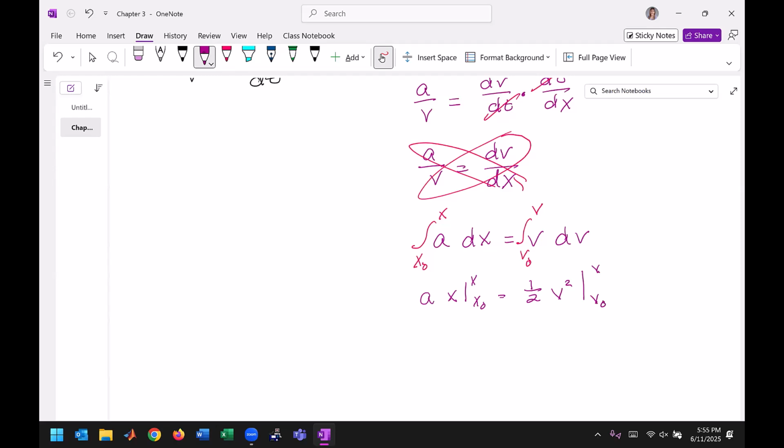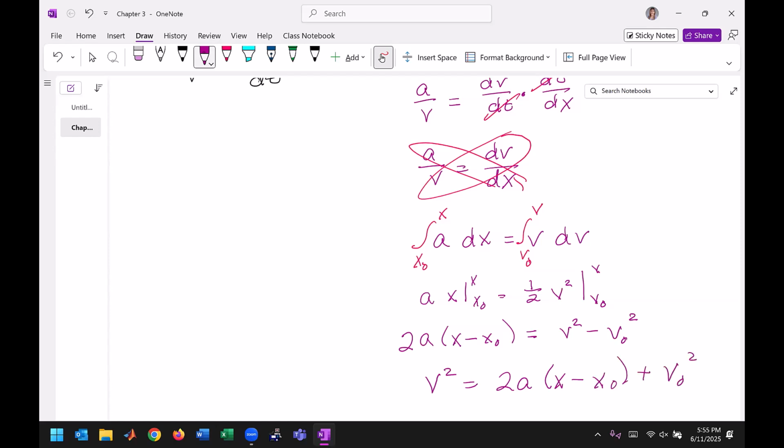Okay, so a times x minus x naught equals, I'm going to put the 2 over there, v squared minus v naught squared. And now I play around and I get v squared equals 2a times x minus x naught, plus v naught squared.